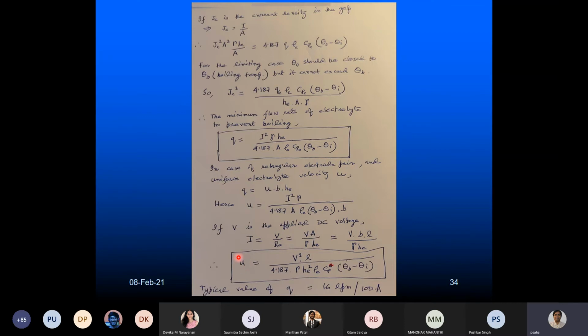But now two difficulties come. Within that smaller gap, electrolyte won't be able to flow at that high rate, and maybe your delivery pump also cannot deliver at that rate. So there are some design and hardware restrictions. So we have to limit ourselves to a certain feed rate. We cannot increase it to any extent.